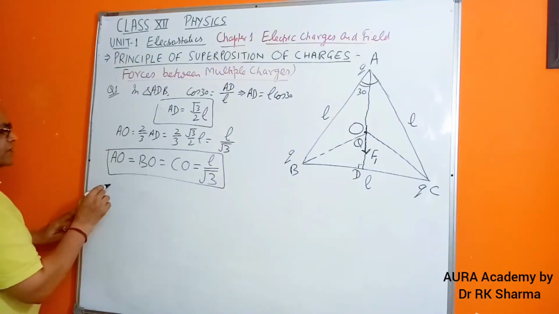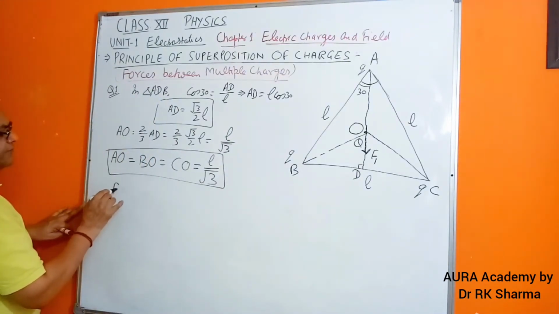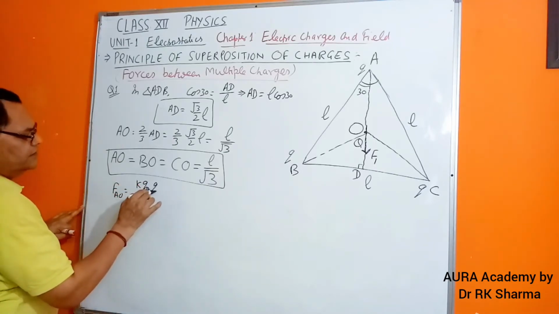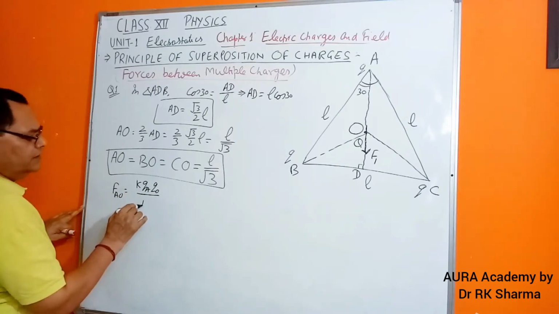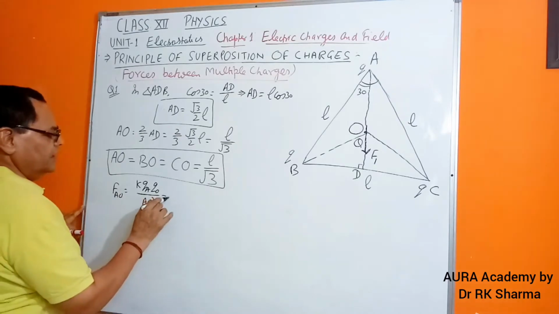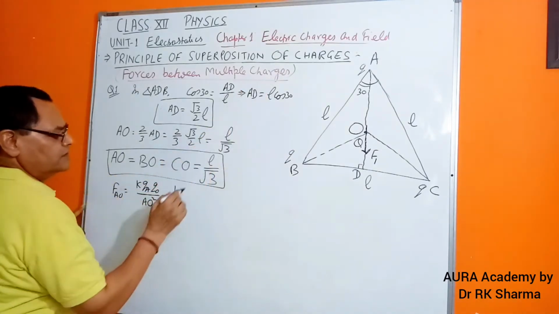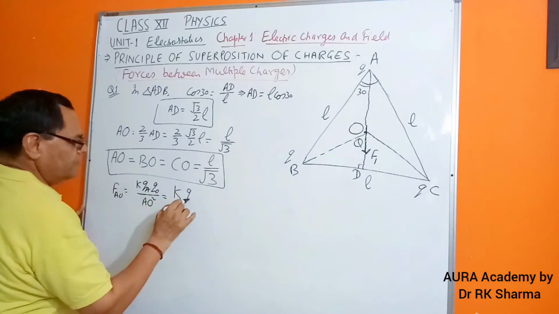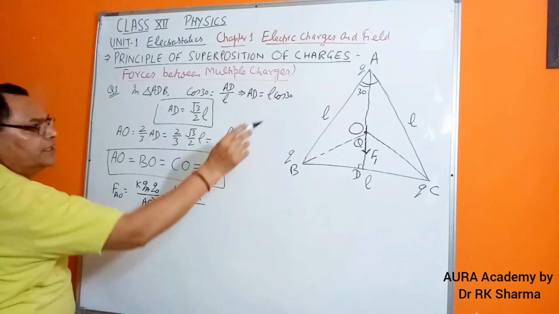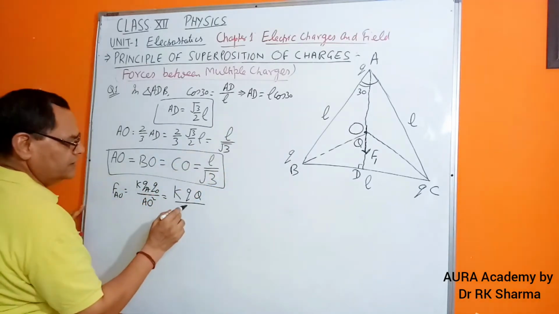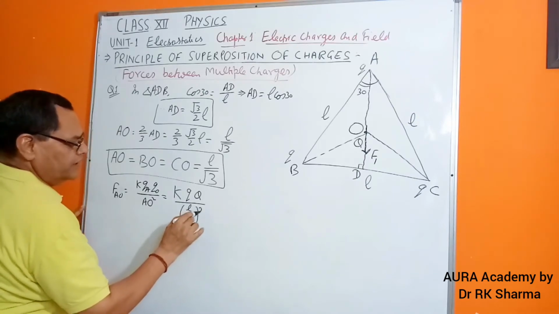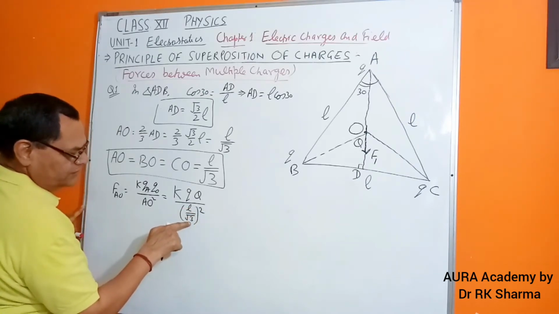Alright, so how much will it be? The force between A and O will be equal to K QA QO upon AO square. Very simple, nothing difficult. K as it is, QA means the charge at A, that is small q. QO means the charge here, which is capital Q, upon AO square. AO is L upon root 3, and it's a square, so after squaring the 3 goes up.